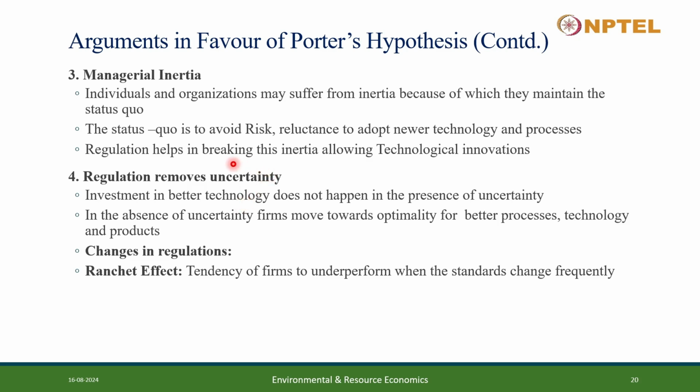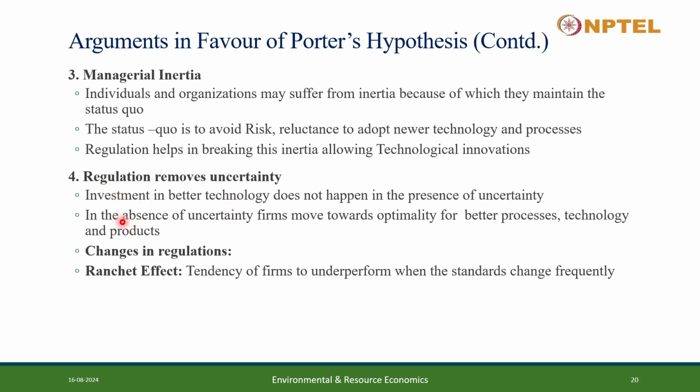If there is a regulation which is applicable for me for another 5 years, then I'll invest right now so that I don't have to worry for another 5 years. So investment in better technology will only happen when there is certainty in the regulation. That is why in the presence of uncertainty, there is no investment.